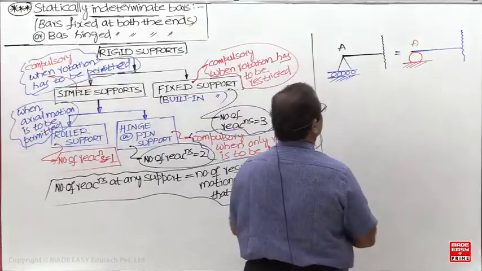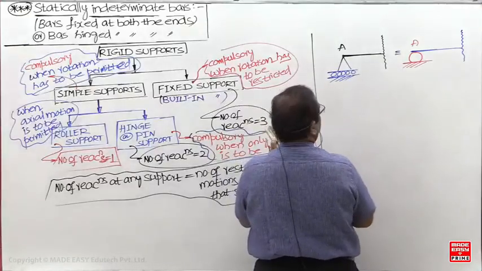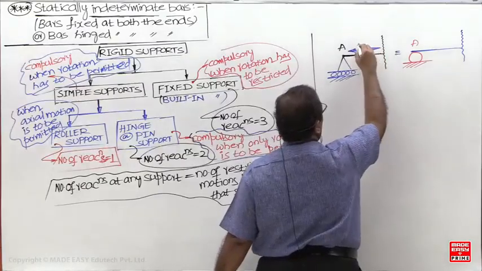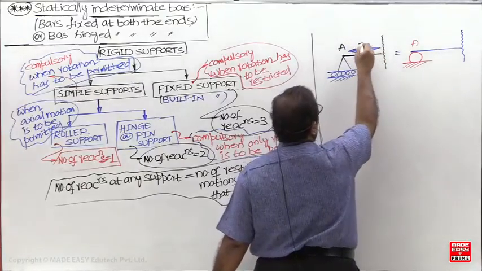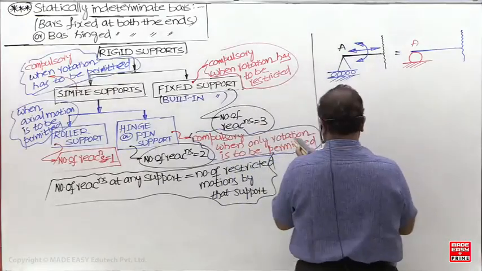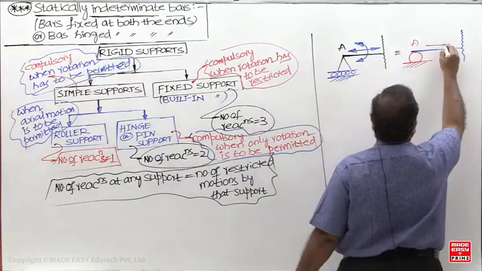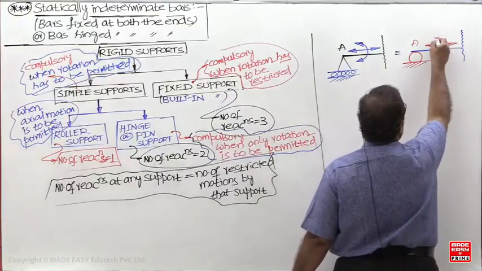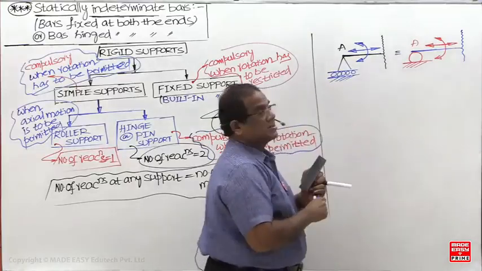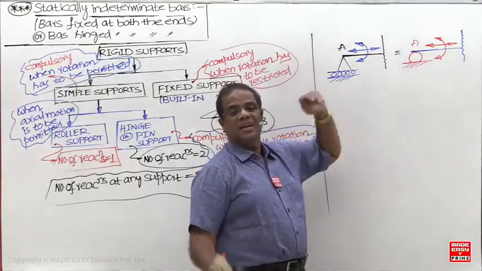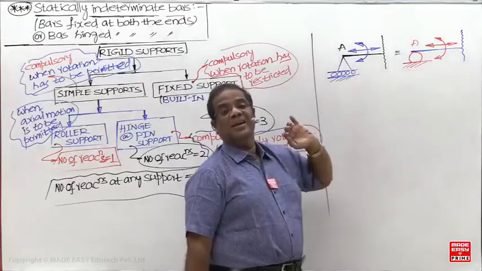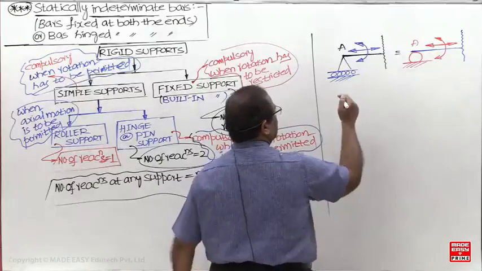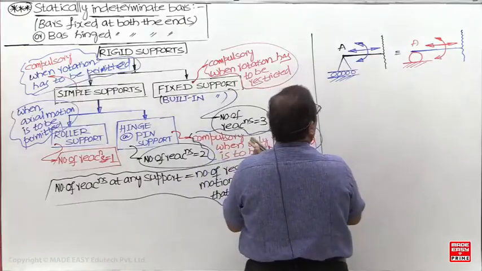So here how many motions are possible? Axial motion is possible. Rotation is possible. Since axial motion is permitted, the horizontal reaction is 0. Rotation is permitted, so the moment reaction is 0. Only which motion is restricted? Vertical. So there will be one reaction.